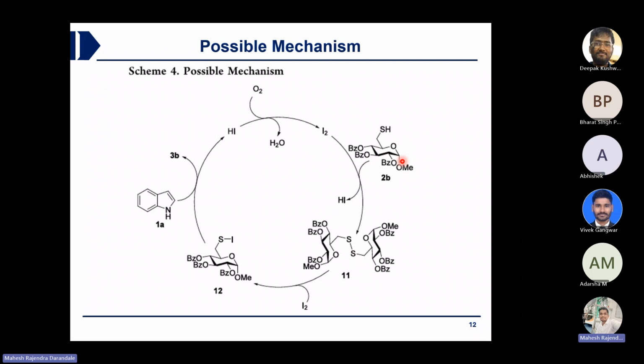First methyl glucopyranoside, then protection. First they are protecting the C6 OH with trityl or some other group, and the other OH groups they are protecting with benzoyl. Again, deprotecting the C6 OH.